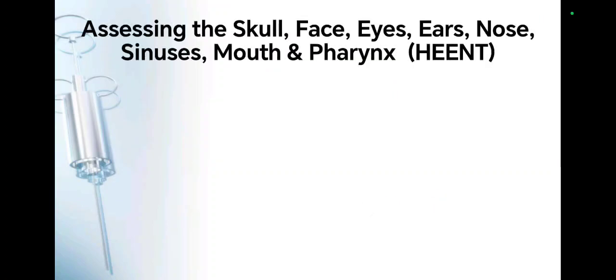Now let's proceed to assessing the skull, face, eyes, ears, nose, mouth, sinuses, and pharynx. This is the complete assessment of your HEENT, or head, eyes, ears, nose, and throat. So we're done with assessing the integumentary system.